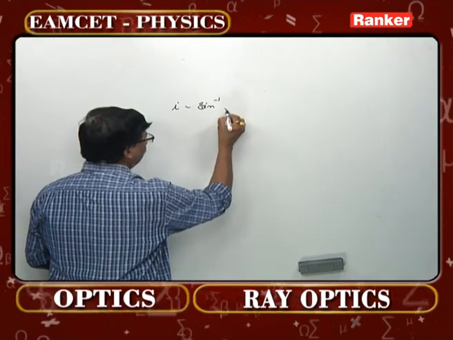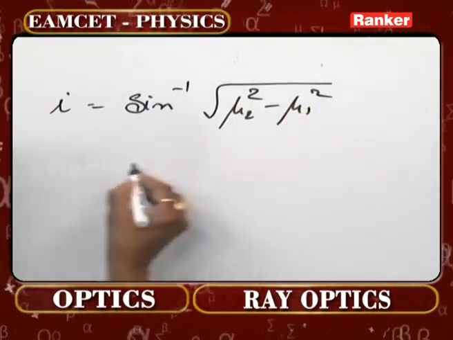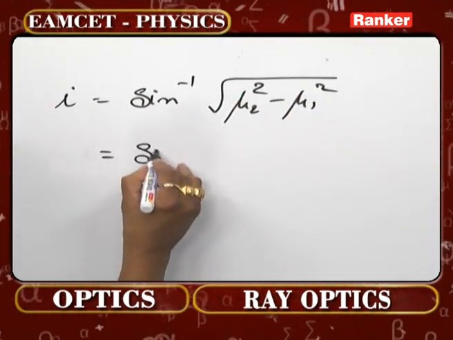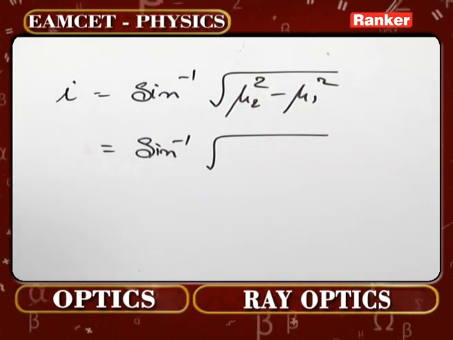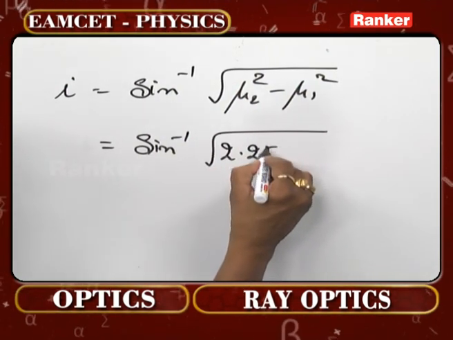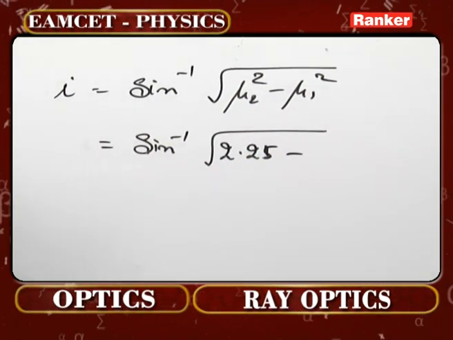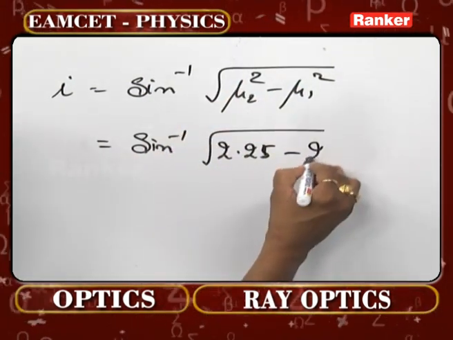Sine inverse root of mu 2 square minus mu 1 square. So what is this value here? You look at sine inverse root of, what is mu 2? That of the core, it's 1.5 whole square, 2.25 minus 1.414 means it is root 2. Root 2 whole square is 2.